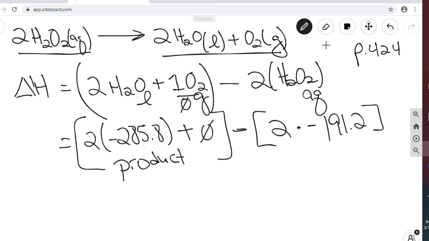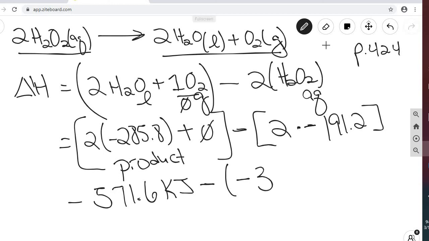Okay, so on the left side we have 2 times 285.8, and it's negative, so this is negative 571.6 kilojoules minus a negative, because this is negative 2 times 191. So minus a negative 382.4 kilojoules.